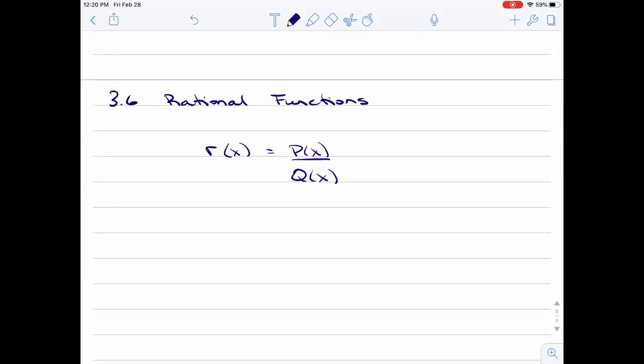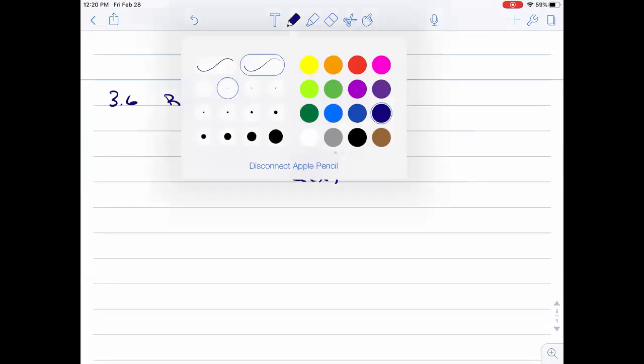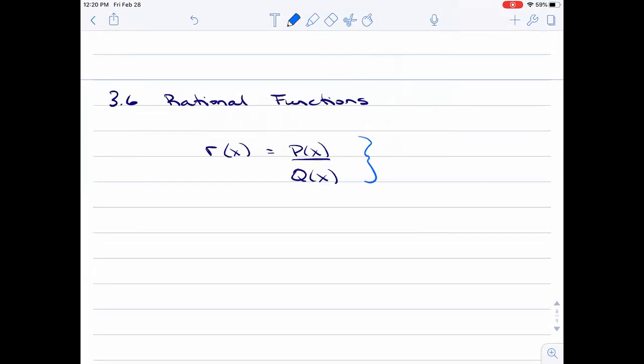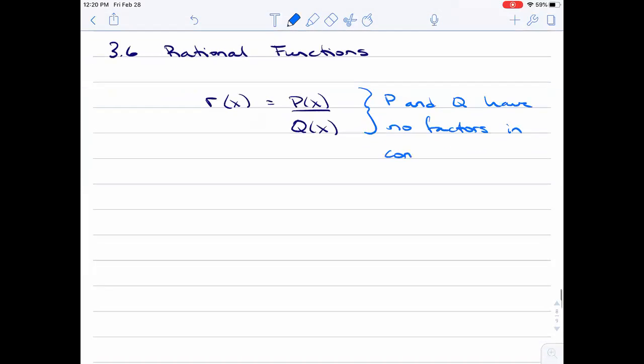So they're as simplified as you can possibly get, meaning they can't be simplified any further.